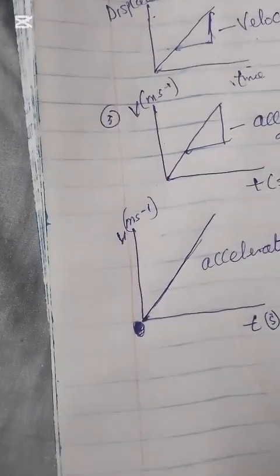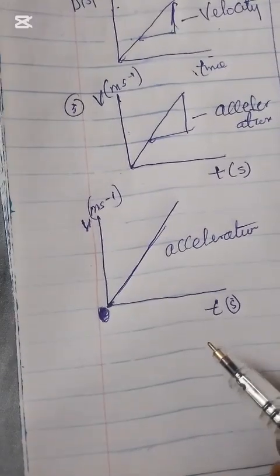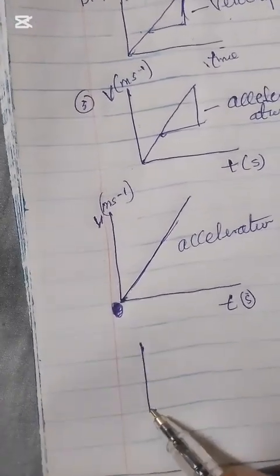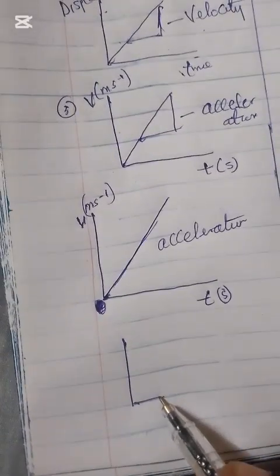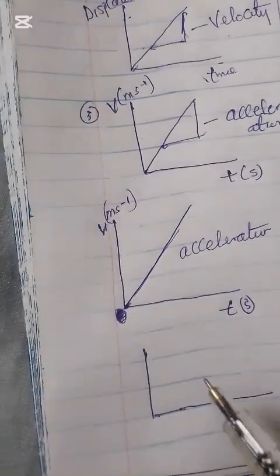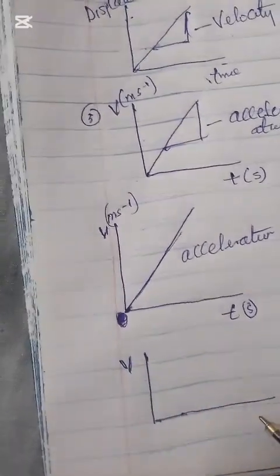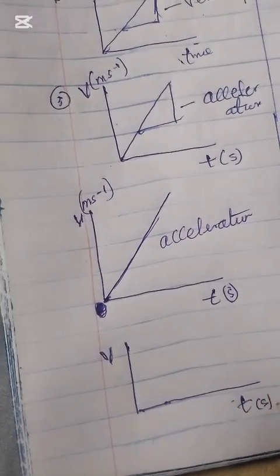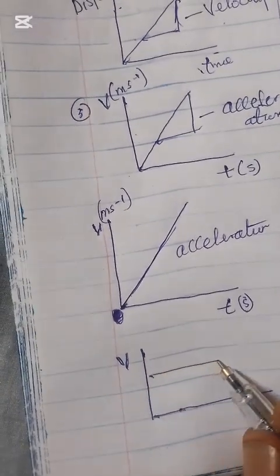Then if an object moves with uniform speed, or you can say uniform velocity, meaning that the velocity is neither increasing nor decreasing, you represent it with a horizontal line.